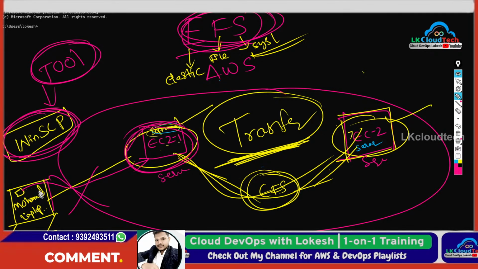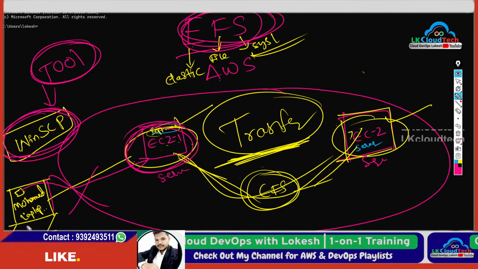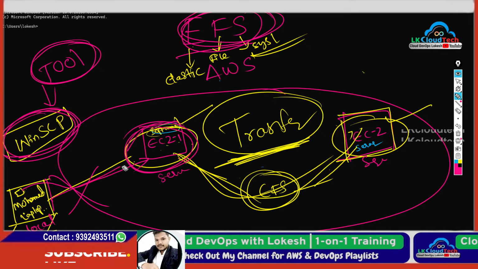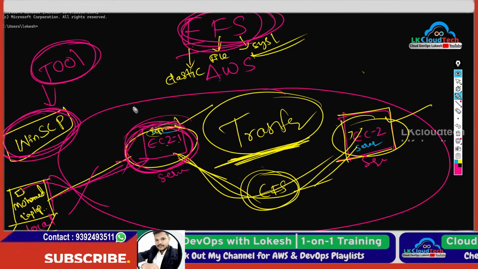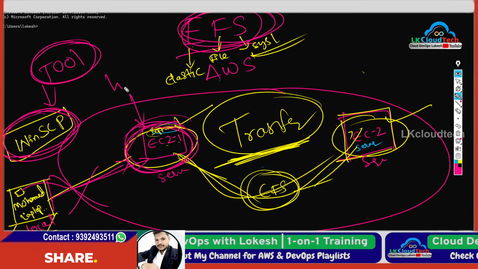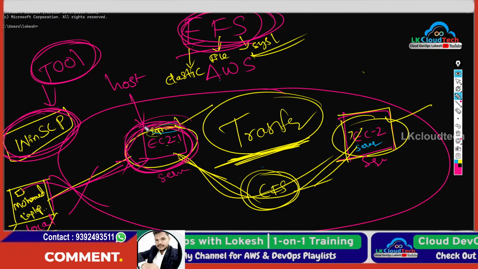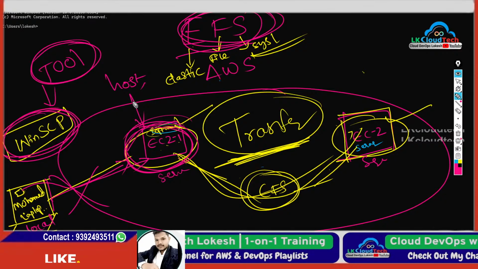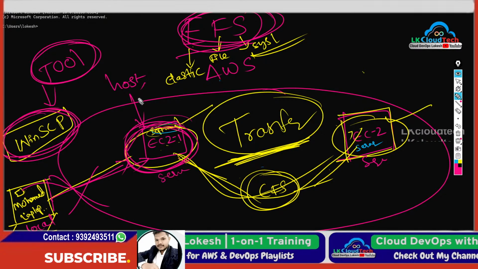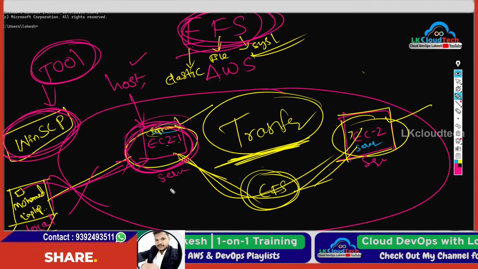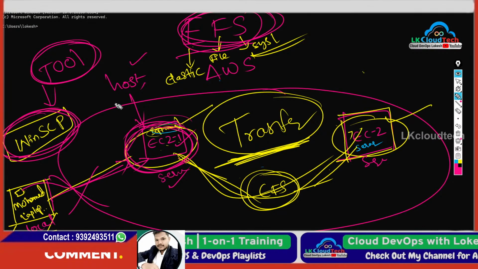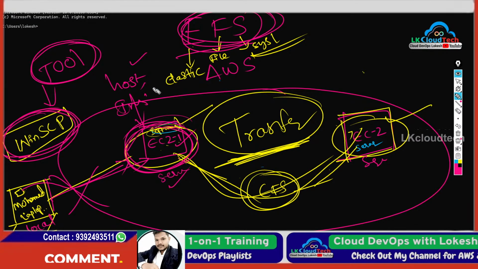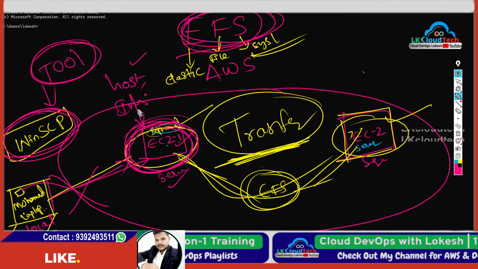By using this tool, your local system is connecting to your host. We can call it a host, or EC2, or server, or instance. All these terms you can consider the same.